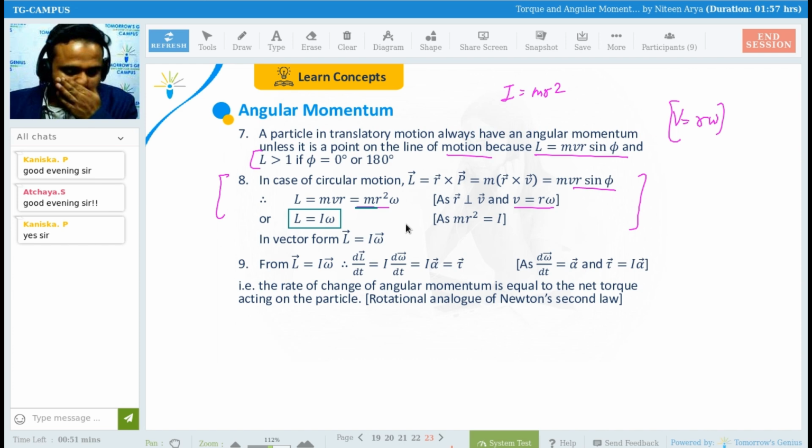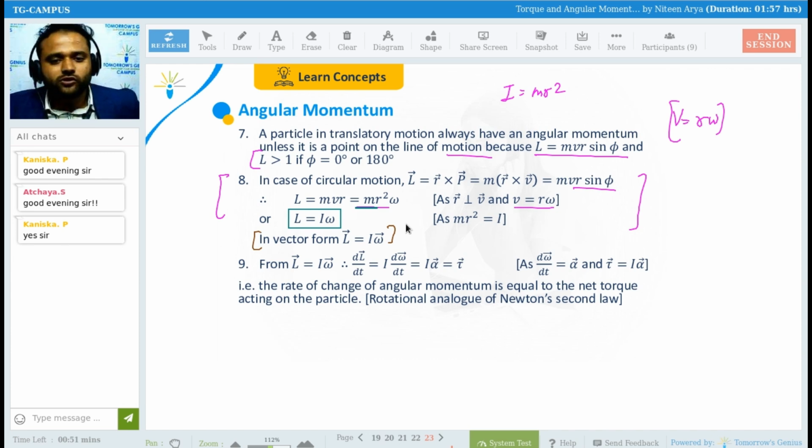So most of the time the question comes for this relation in vector form in a numerical, like the moment of inertia is given, angular momentum is given, and they ask the angular velocity.